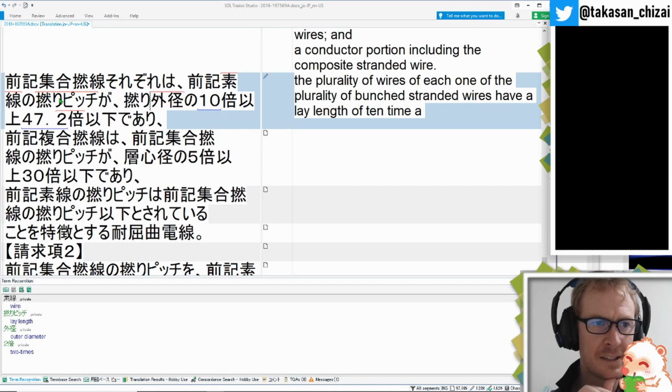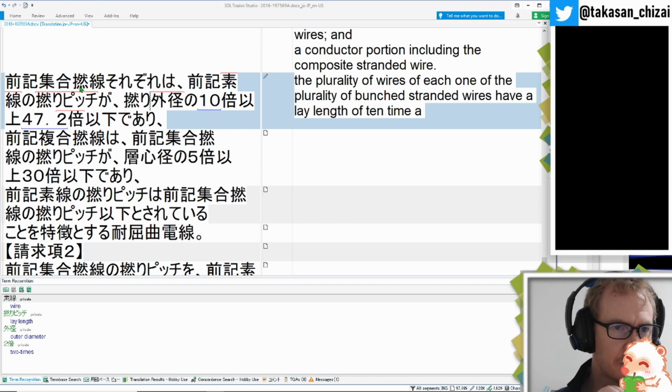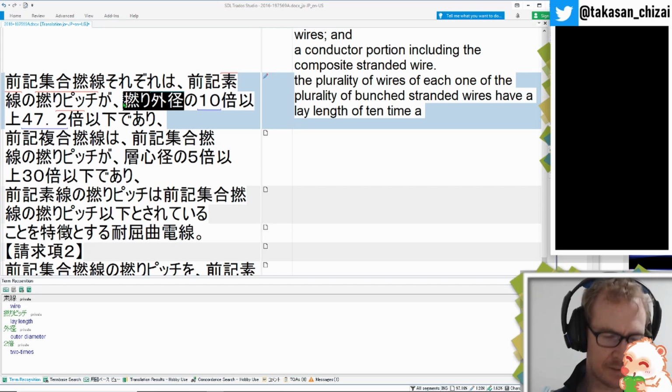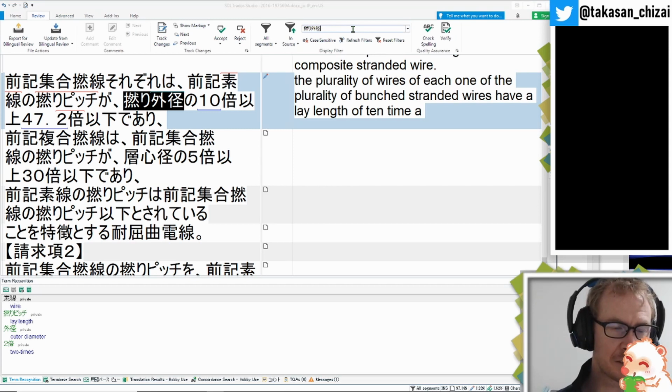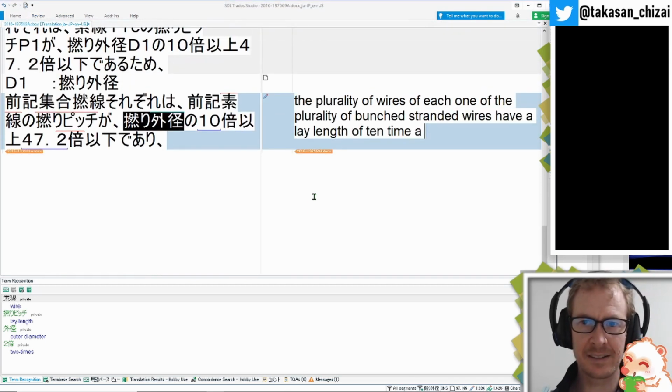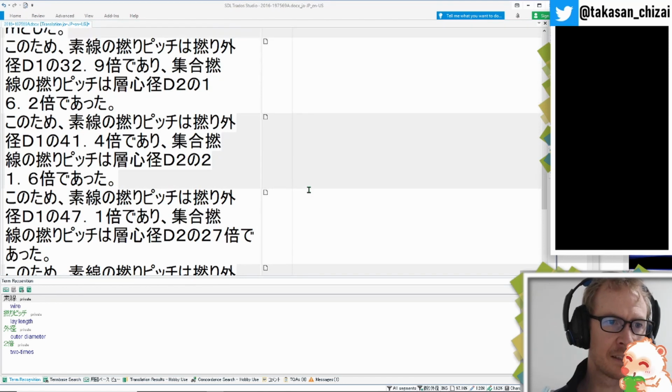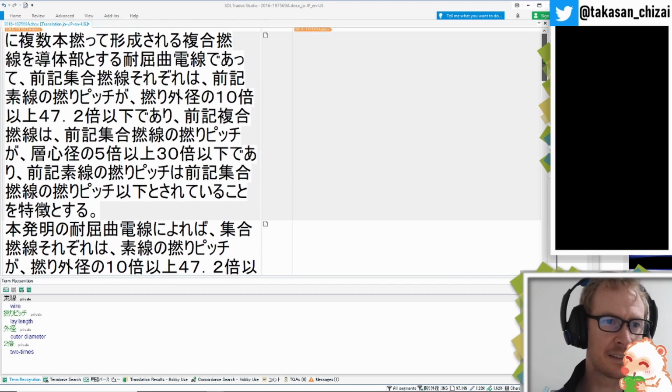Is this of the wire or of the strand? That's the only question I have. Let's just have a look elsewhere in the claim, see if we can get an answer, whether this is the twist of the wire or the twist of the strand.